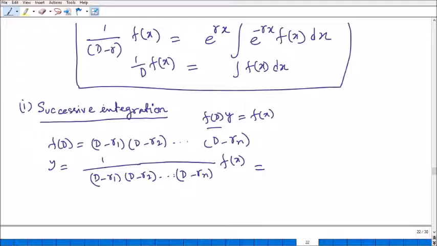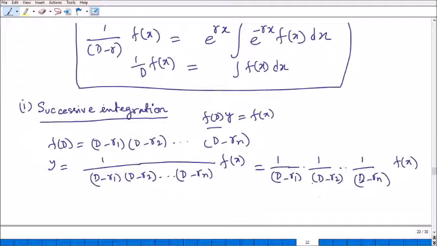So this can be represented as 1 by (D minus r1) into 1 by (D minus r2), and so on up to 1 by (D minus rn), if there are n factors, operating on f(x).